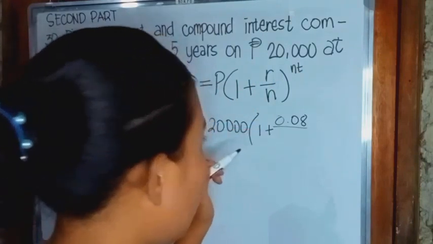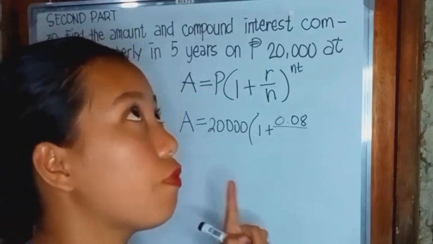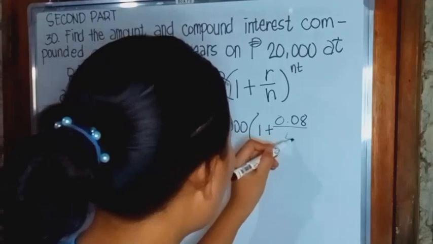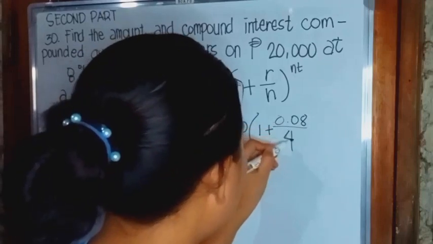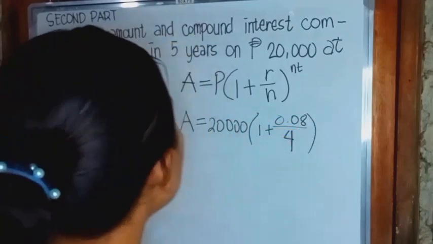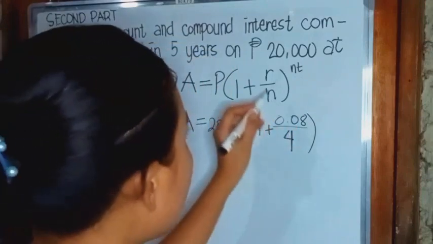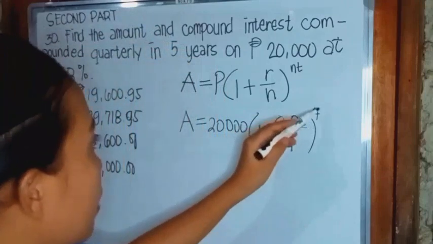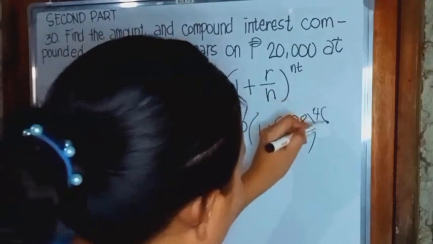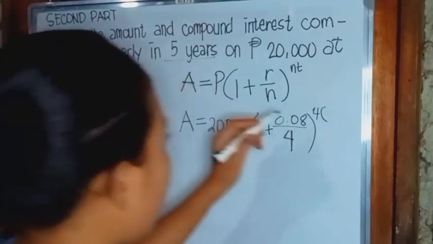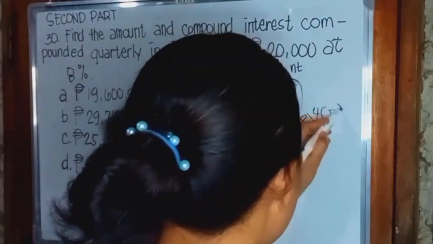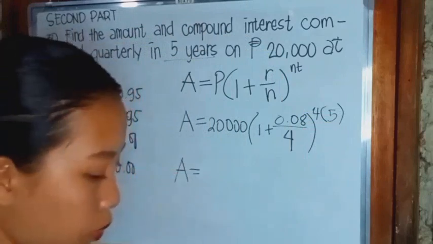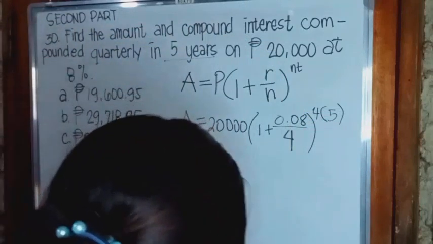So in 1 year there are four quarters, and raised to N, which is 4, and times T, which is 5 years. So 4 times 5. So A is equal to, we can use a calculator to solve this.